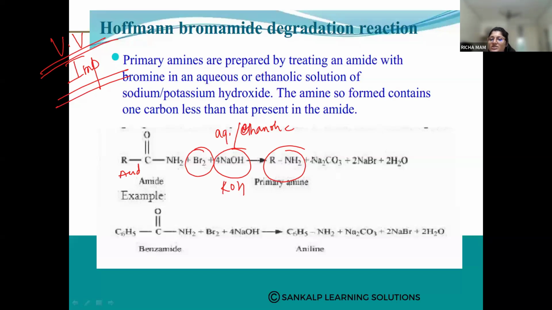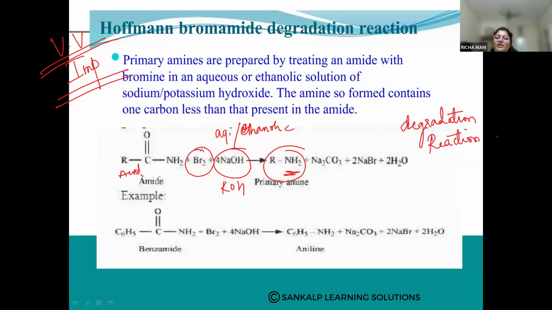The amine which is formed here has one carbon less than that of the parent compound. So the product formed has one carbon less than the parent amide, and thus these reactions are called degradation reactions.